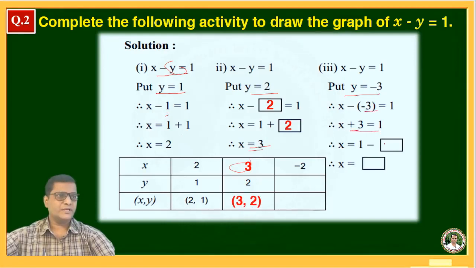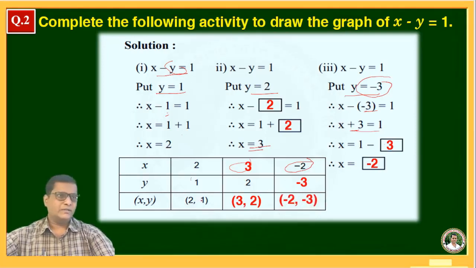If you transfer it here, it will come minus 3. Then 1 minus 3 is minus 2. Here the x coordinate is already given, and the y coordinate is also here. Then what are the coordinates of the point? Minus 2, minus 3. In this way, complete the table.